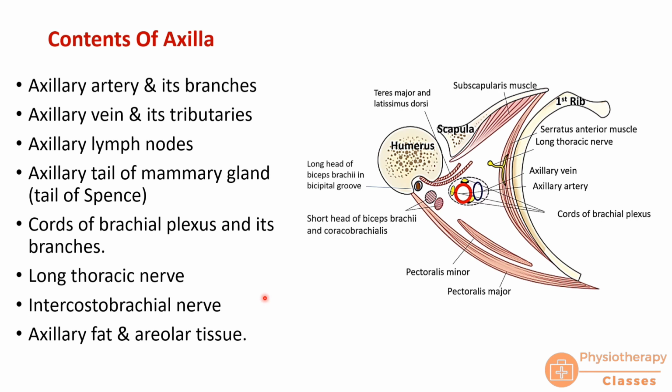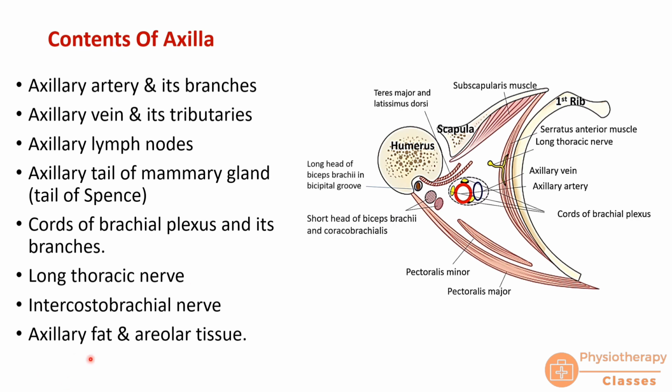Intercostobrachial nerve, that is the lateral cutaneous branch of which spinal nerve? The second thoracic spinal nerve, right? So this will be extending from the medial wall to the lateral. That means it will be going to the upper part of the arm, and it supplies the skin of the upper part of the medial aspect of arm. This is intercostobrachial nerve.